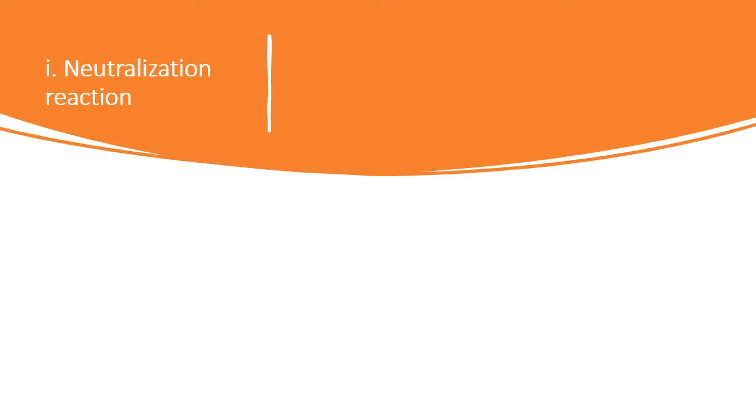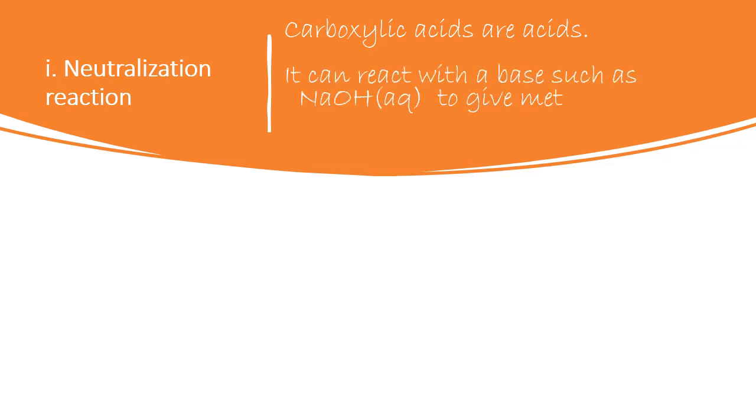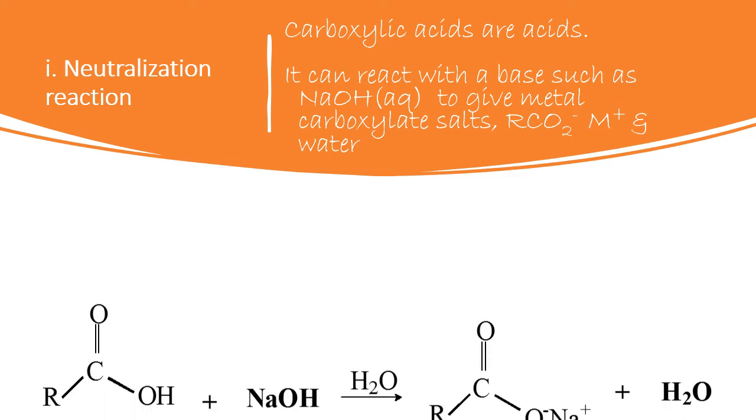The first reaction of carboxylic acid is neutralization reaction. Carboxylic acids are acids. They can react with a base such as sodium hydroxide to give metal carboxylate salt and water.